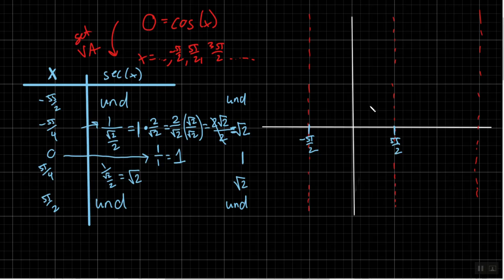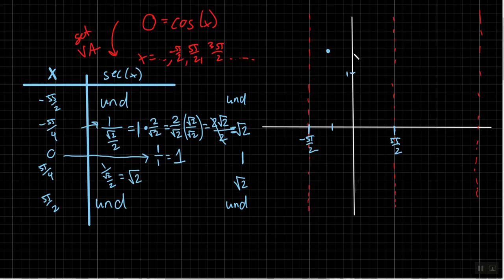Yep. Okay, let's graph it. At negative pi halves, we are undefined. Okay. Shift over. Then I'm at negative pi fourths right there, and I'm going up about root 2. So right about there. It's a bit above 1. Going up a square root of 2.